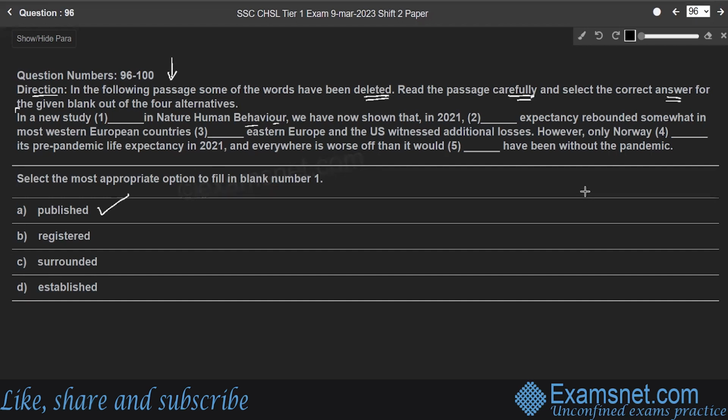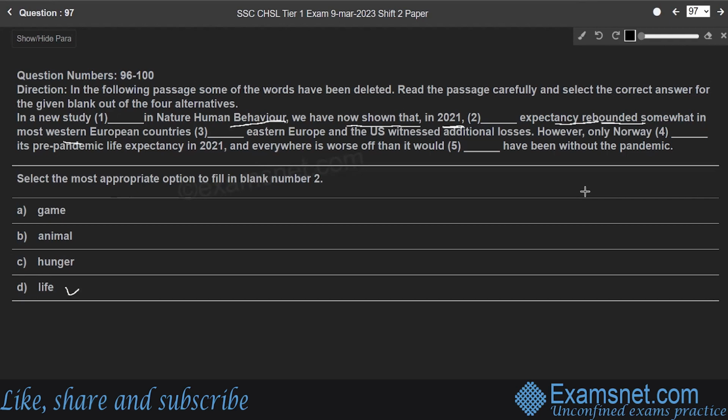To publish a study means to make it publicly available, usually through a scientific journal or other platforms. Therefore, in a new study published in Nature Human Behavior, option A. Moving on to question number 97. In Nature Human Behavior, we have now shown that in 2021, blank expectancy rebounded somewhat in most Western European countries.